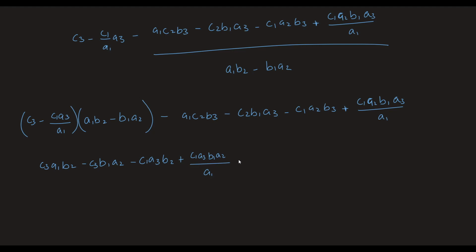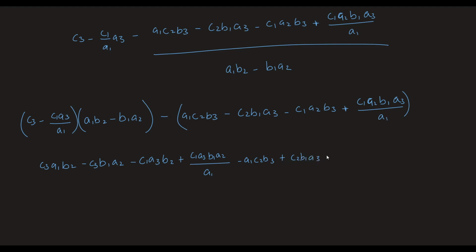And then we have to minus, so sorry, I should have actually put all of that in brackets, because that used to be part of this fraction here. So we've got minus, and what I'll do now is expand this bracket out after multiplying in by the minus. So we have minus A1 C2 B3, and then minus times a minus is going to be plus C2 B1 A3.